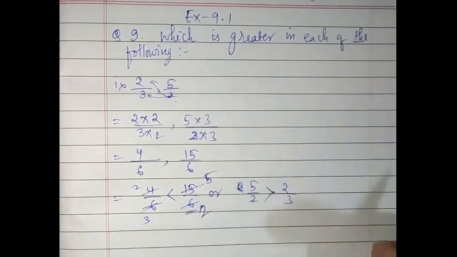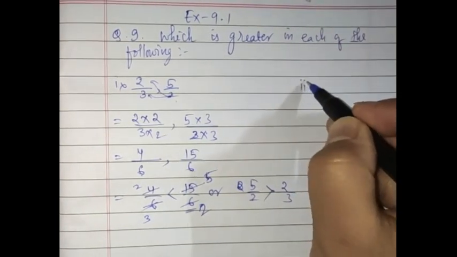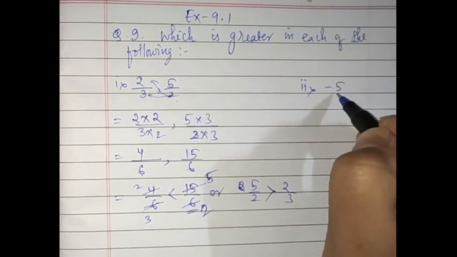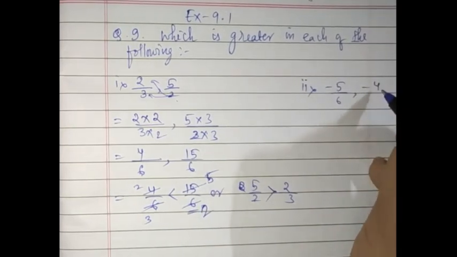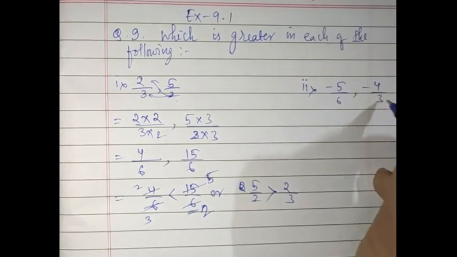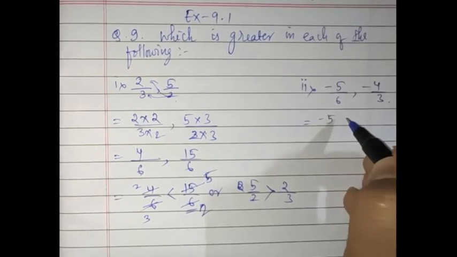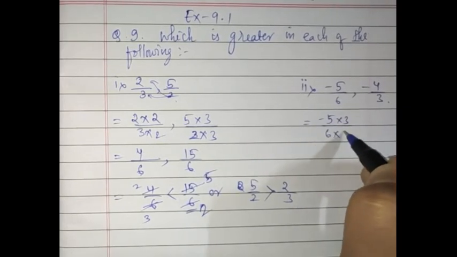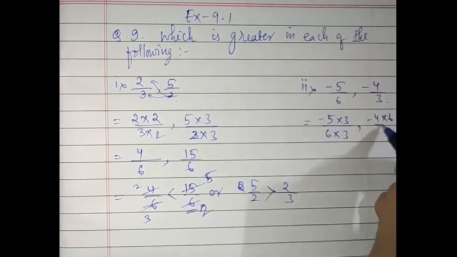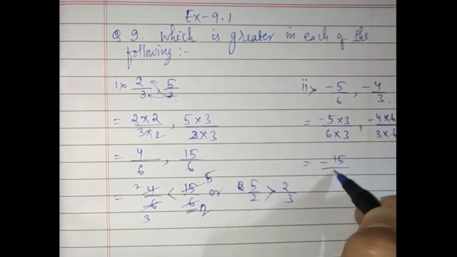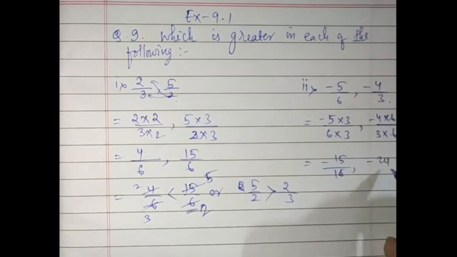Okay. So moving on to the next question, that is question number 2. We have minus 5 by 6, comma minus 4 by 3. Okay. So even here we are going to apply the same technique. 6 into 3, minus 4 into 6 by 3 into 6, minus 15 by 18, comma minus 24 by 18.